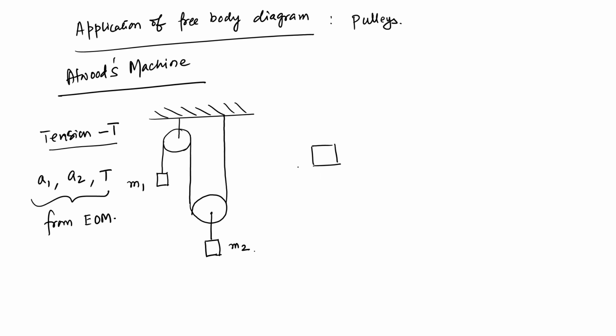So, this is M1. There is a tension acting upward and a weight acting downward. This is the free body diagram, in short we call it FBD.